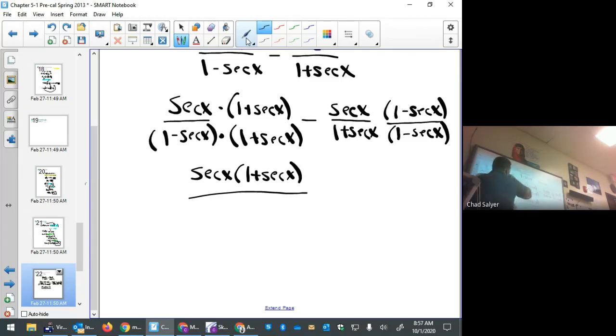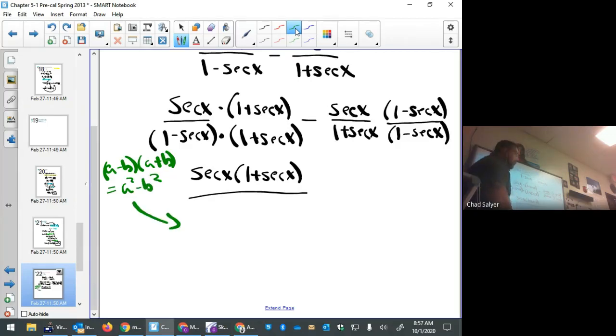So remember this little shortcut, a minus b times a plus b is a squared minus b squared. So that's the old difference of squares trick I'm going to use with this denominator to simplify it.